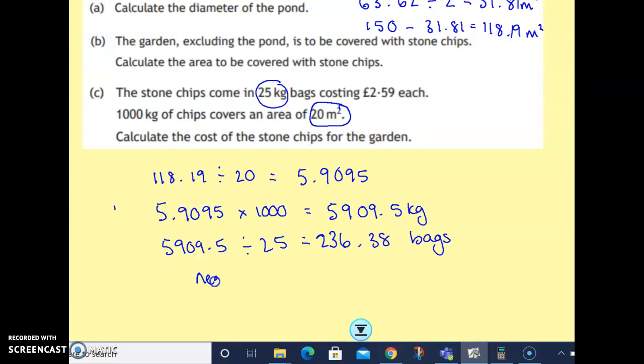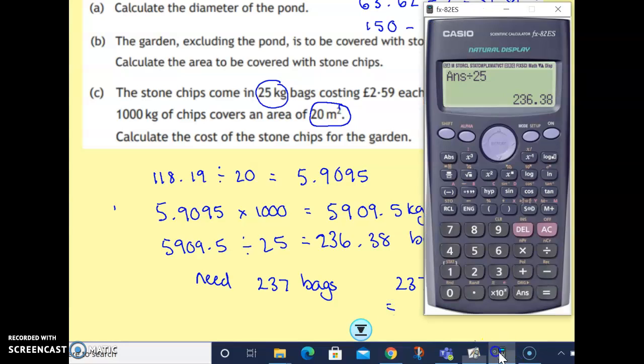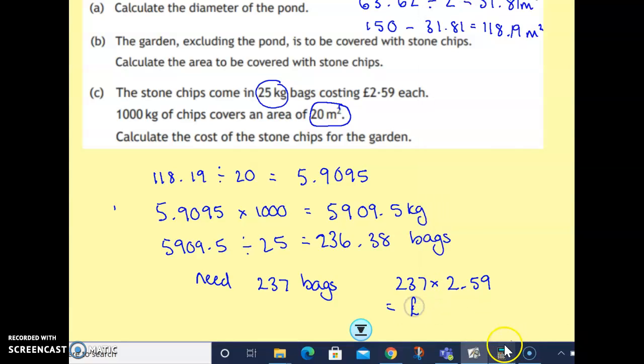So we need 237 bags. Each bag costs £2.59, so to get the total cost, I need to do 237 times £2.59, which is £613.83. Okay, I'll leave you to try some of these for yourself.